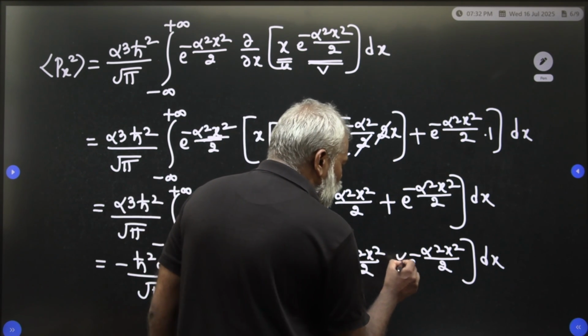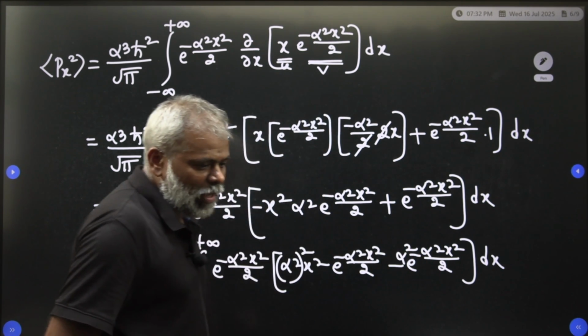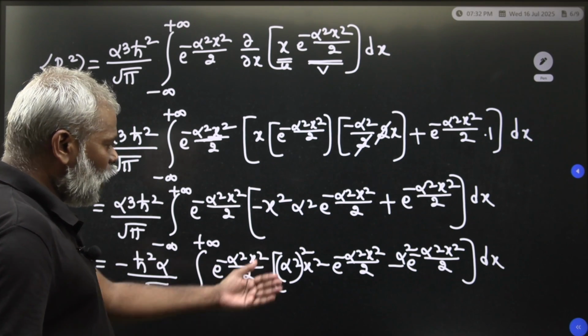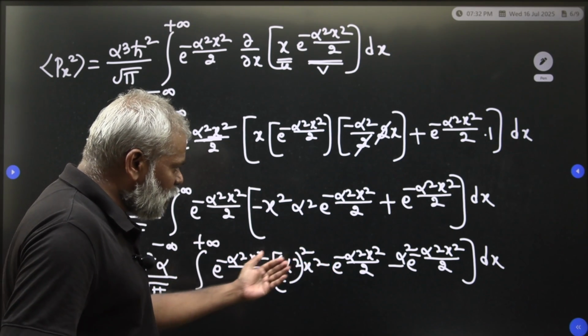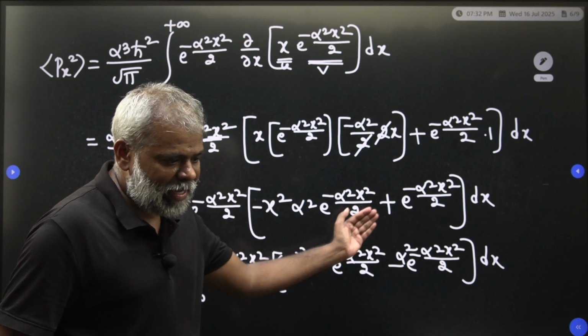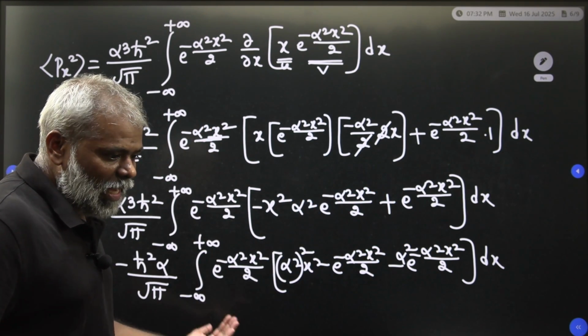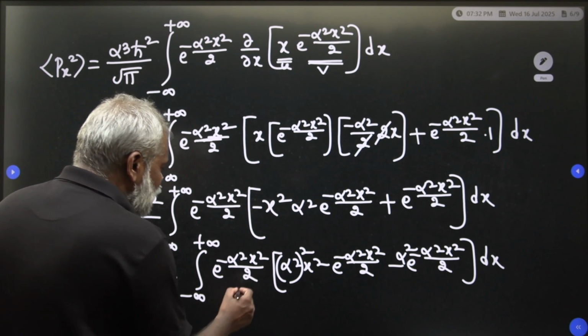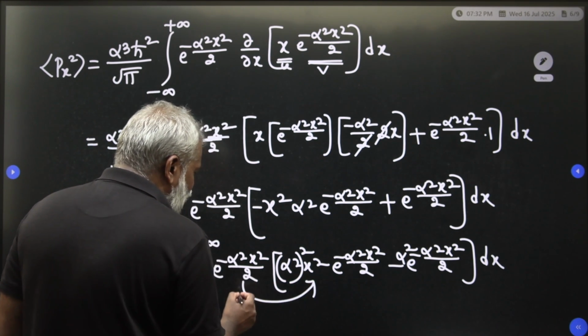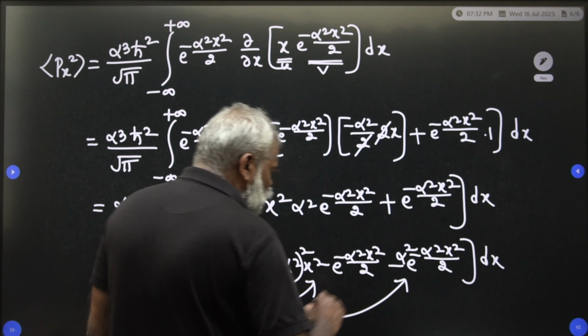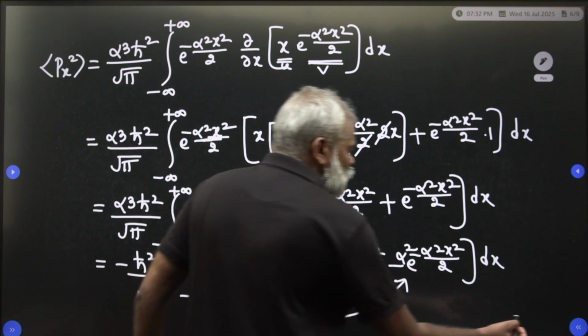Here you consider alpha square. Clear? Now you have to take e to the power of minus alpha square x square as the common term. Otherwise, you have to multiply this term to here and this term to here. So, what is going to happen?